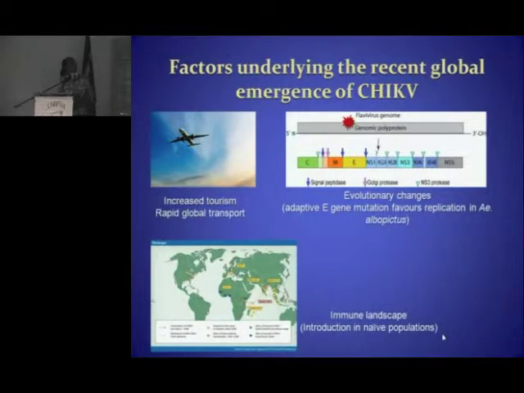Now, in the case of chikungunya, many of those factors are important. The main vectors, Aedes aegypti and Aedes albopictus, would be influenced by the factors that I've showed before. But another important factor there was increased tourism in the Indian Ocean region, which resulted in the opportunity for expansion.